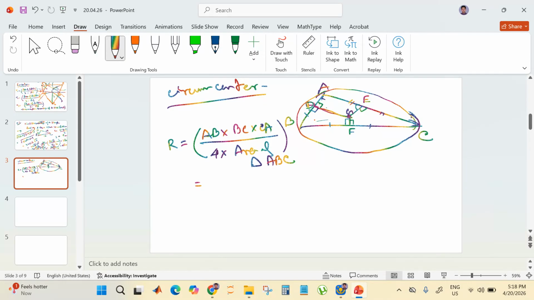Okay, so next important information you have to know. Suppose it is a circumcenter, and actually this is the actual technique you have to draw.